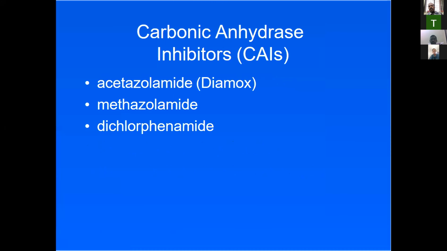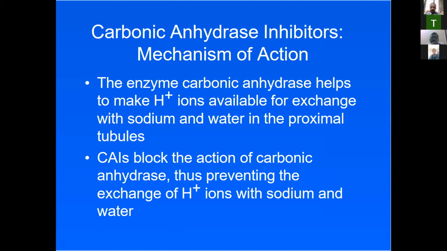Coming to the carbonic anhydrase inhibitors, the drugs are acetazolamide, methazolamide, and dichlorphenamide. Next one, sir. So these drugs come under the classification carbonic anhydrase inhibitors. Next slide, please, sir.